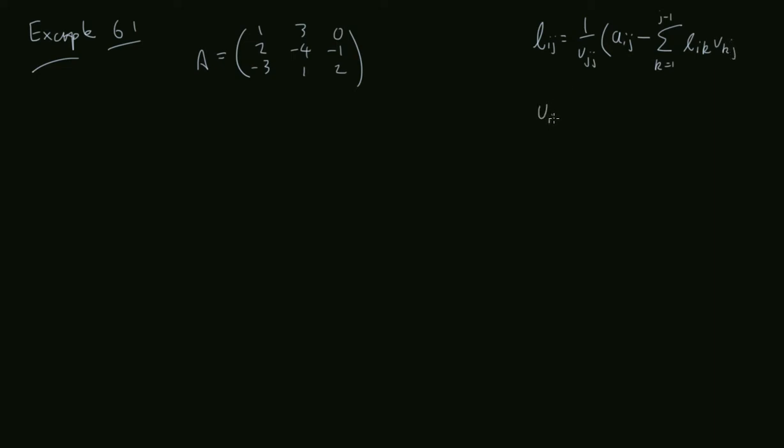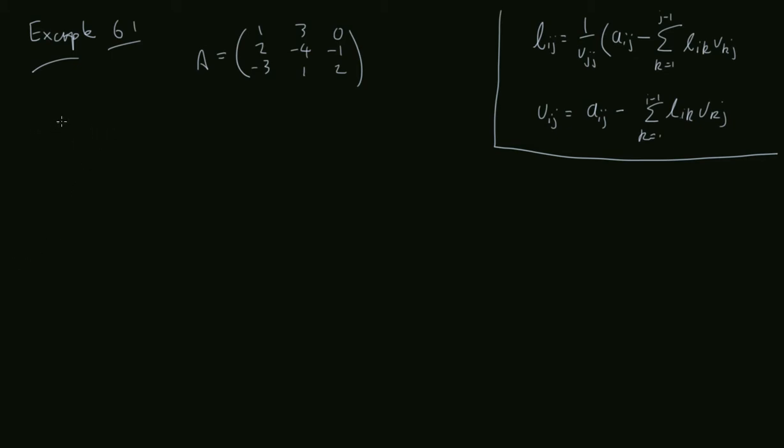And for Uij it was Aij minus the sum k equals 1 to i minus 1, and same thing, Lik Ukj. That just reminds us what we're calculating.